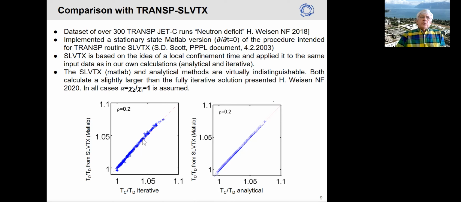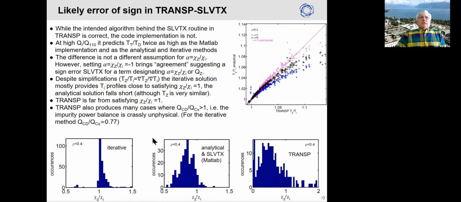But the difference is so small that it's almost not worth bothering with the iterative method. These corrections are still generally only in the percent range. So the intended algorithm behind SLVTX is correct, but the code implementation in TRANSP is not.